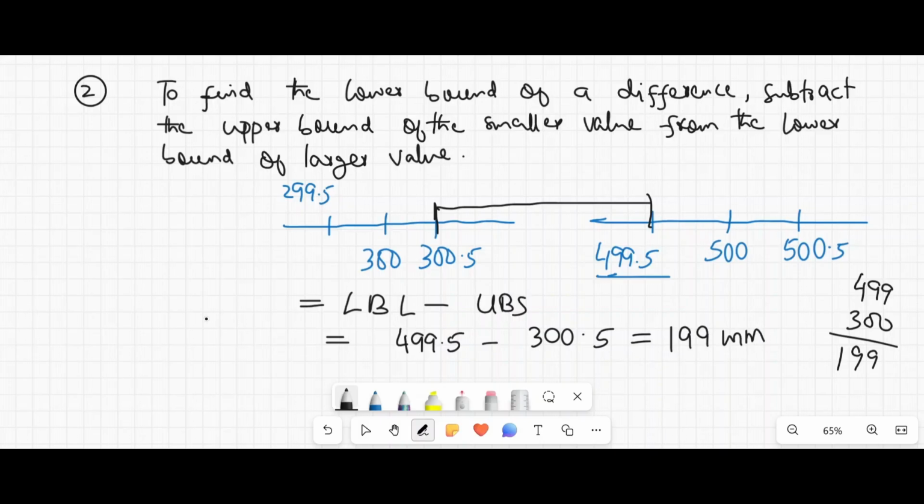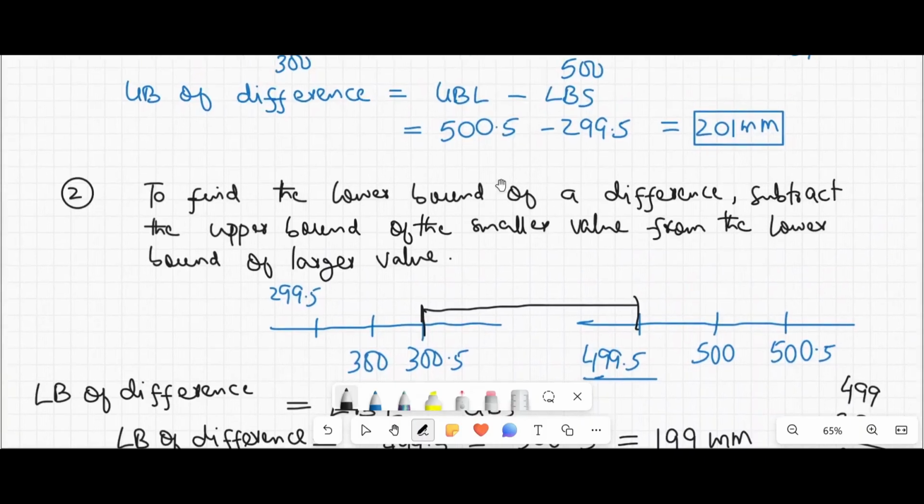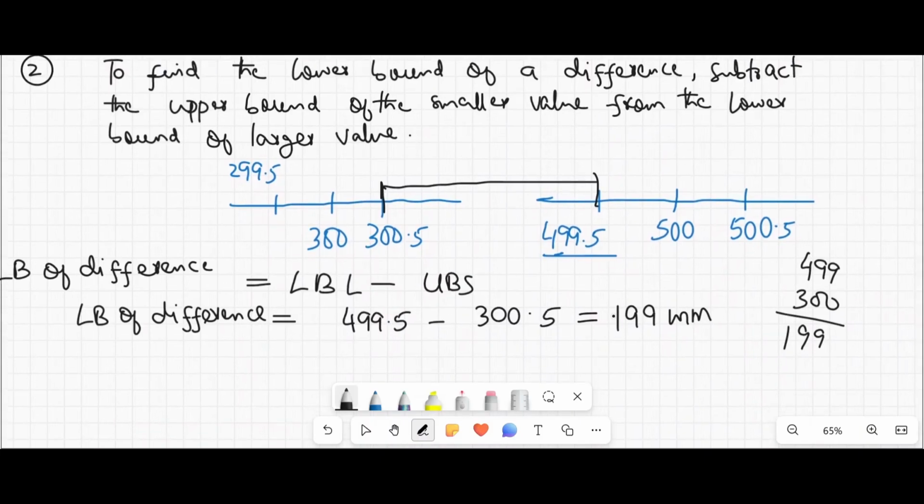So this is our lower bound of the difference. The upper bound was 201 millimeter, and now the lower bound is 199 millimeter. So the situation is clear here now.